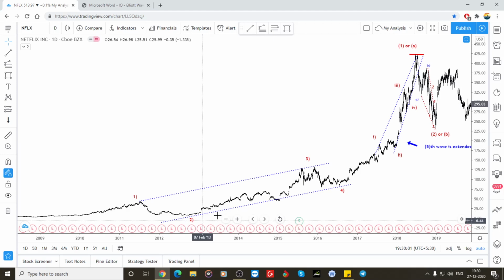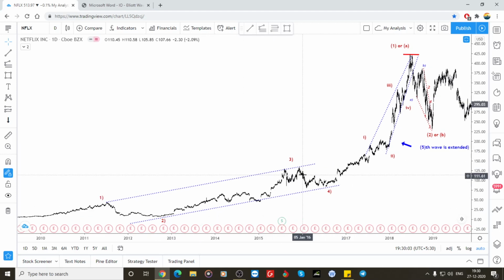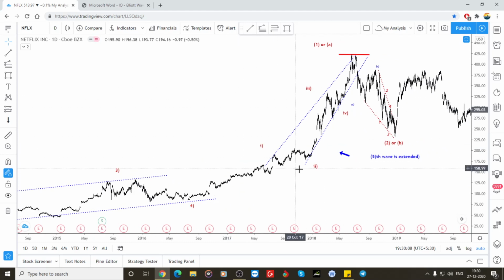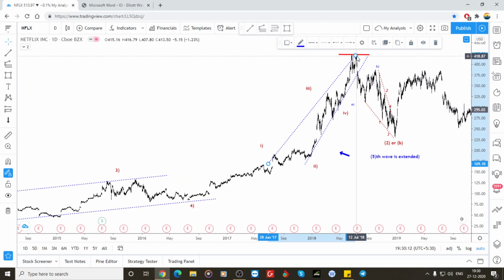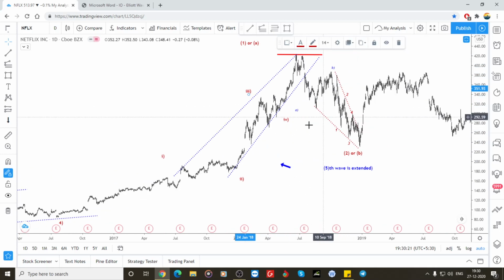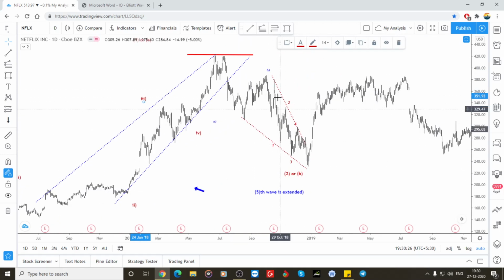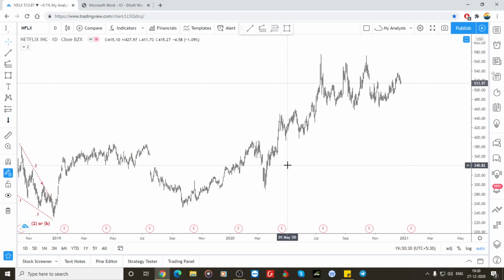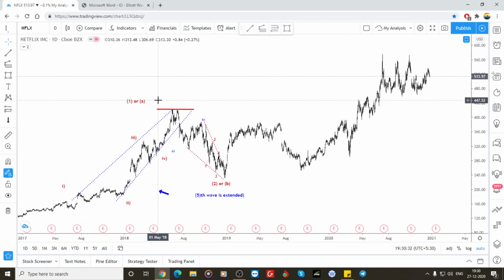So 1 and 2, so 3 and 4, and after that here is one expanded fifth wave, and here is a wedge formation, or it could be a channel, and you have to see perfectly it is taking support on this trend line, and here is one wedge formation. So let's work for that.